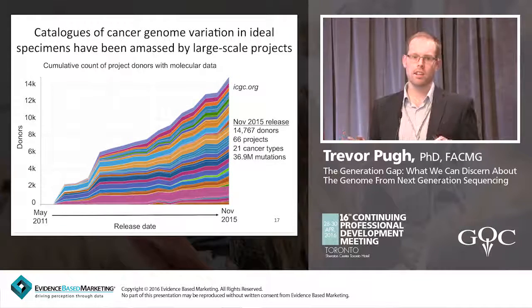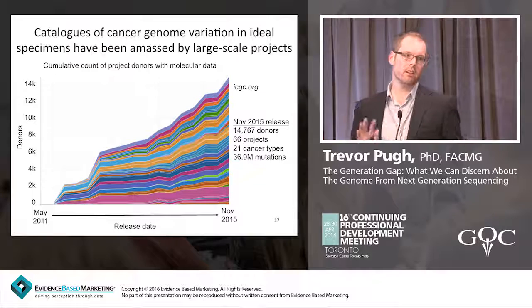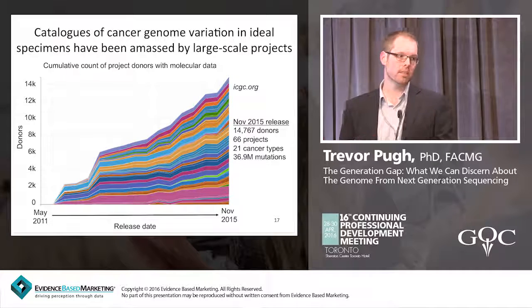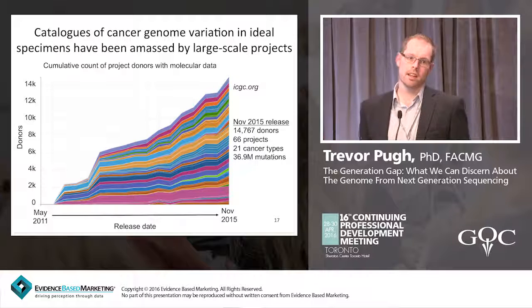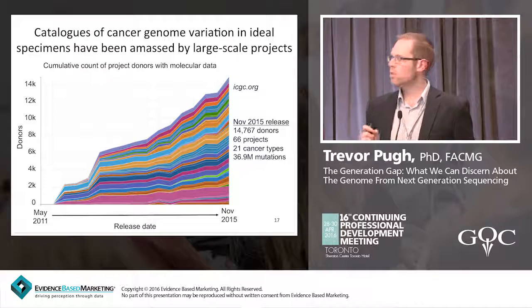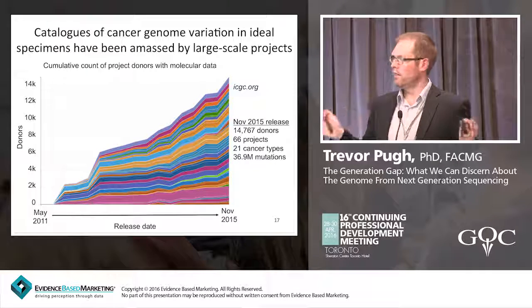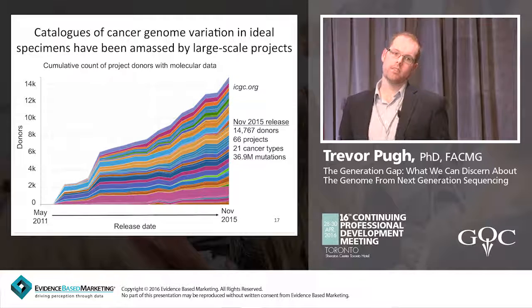Okay, so with that as context, sources of cancer genome variation being read out by next-generation sequencing, this has been done literally thousands, almost tens of thousands of times in ideal, often surgical, high-purity specimens. This is a plot of the number of tumors analyzed by a very large consortium called the International Cancer Genome Consortium.